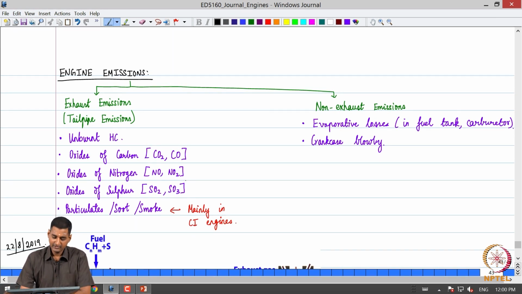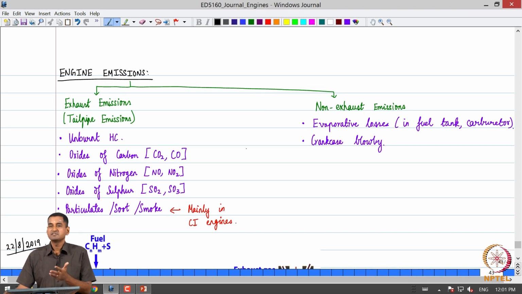So we were looking at engine emissions. Broadly, emissions from IC engines can be classified as exhaust emissions that come from the tailpipe, which include unburnt hydrocarbons, oxides of carbon, oxides of nitrogen, oxides of sulfur, and also emissions in the form of particulate matter.